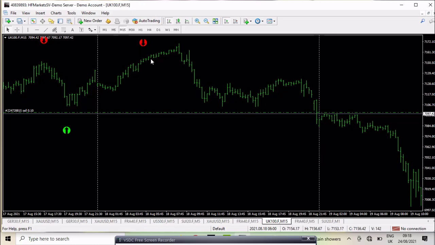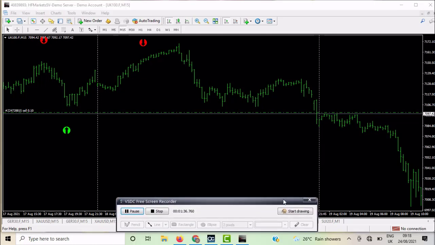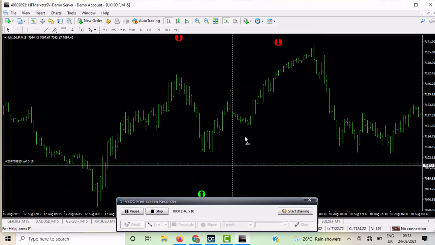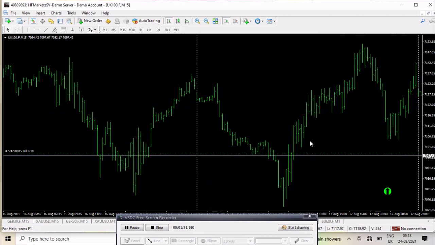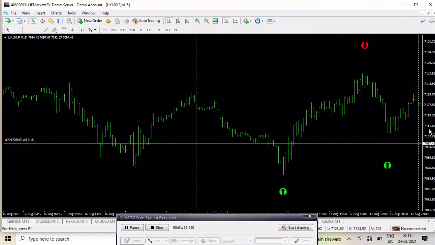Despite the fact that the market went against it to the upside, it didn't disappear. The market went up from here, yet it didn't disappear. Here's another one for a buy, another one for a sell, a buy.